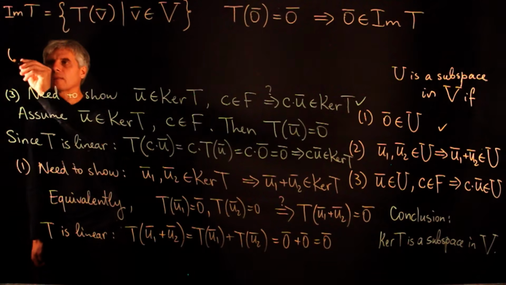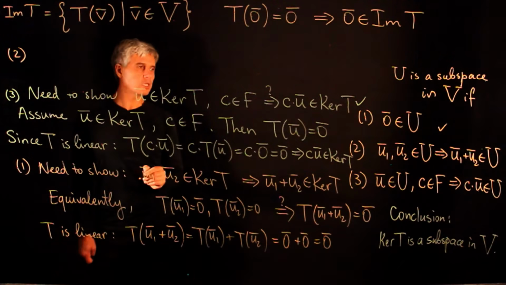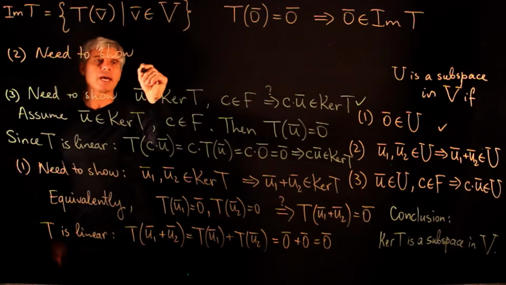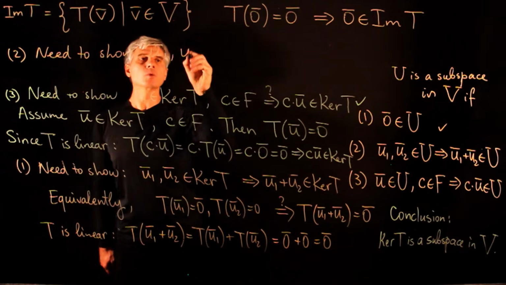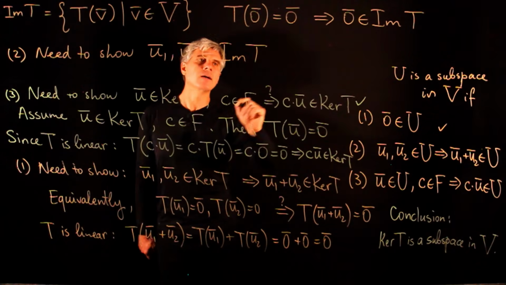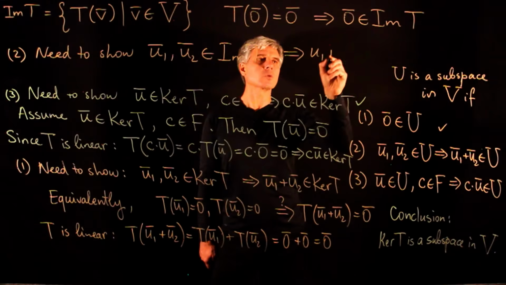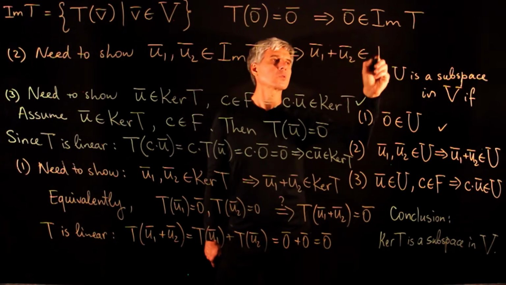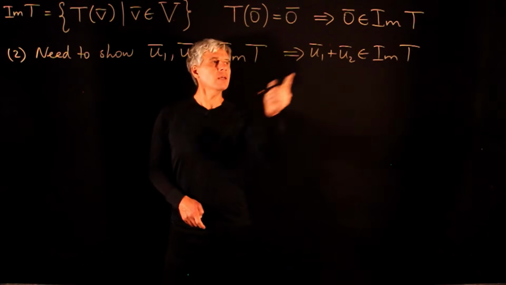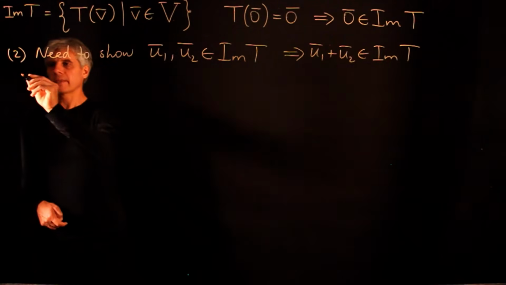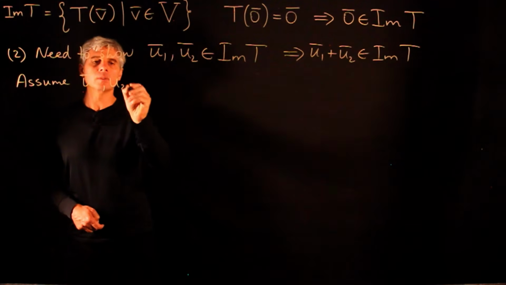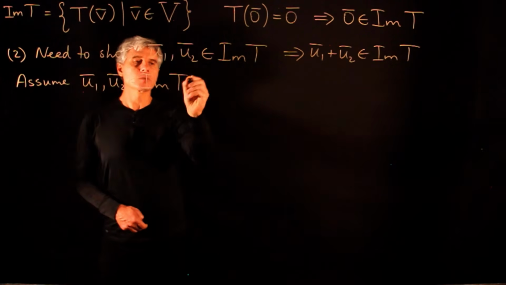Now let us look at the second property. So here we need to show that if U1 and U2 belong to the image of T, then U1 plus U2 also belongs to the image of T. So again, to prove that A implies B, we assume A and prove B. So we say, assume that U1 and U2 belong to the image of T. So what does it mean?